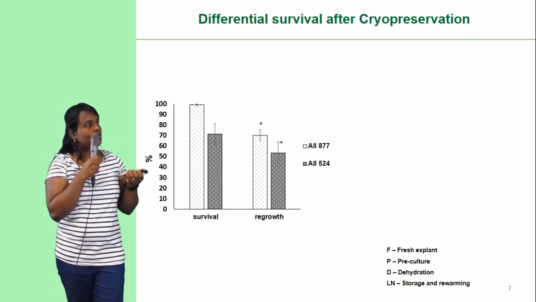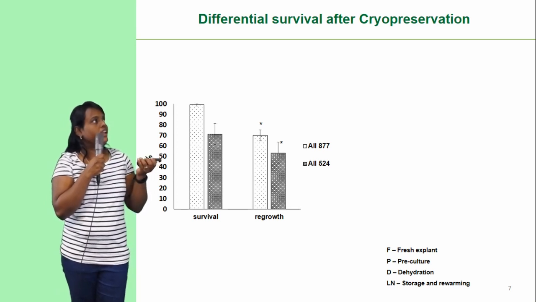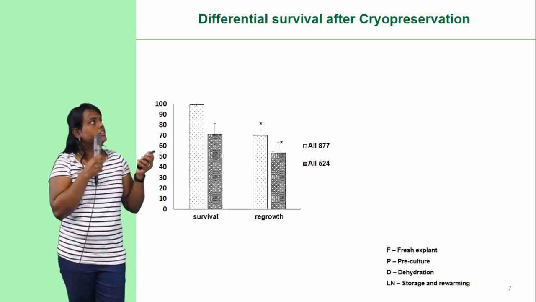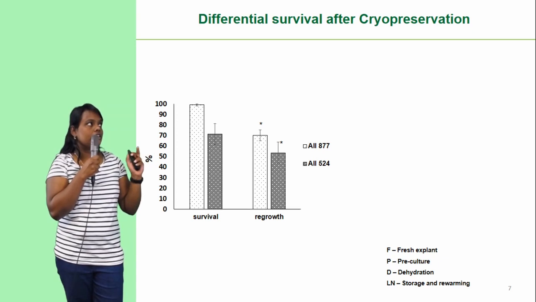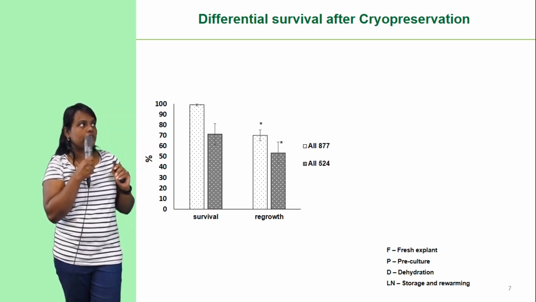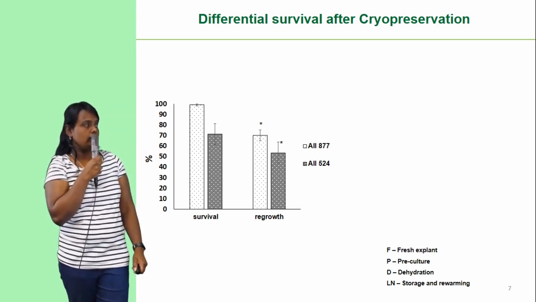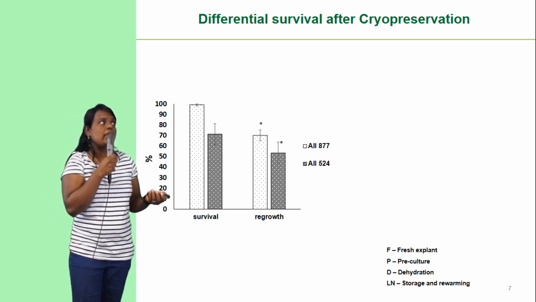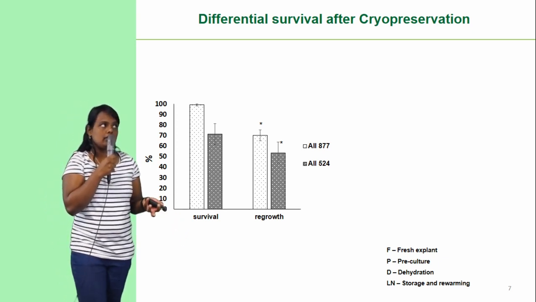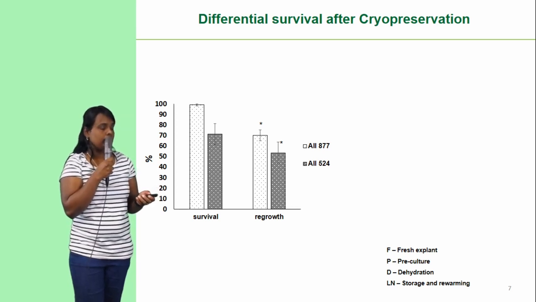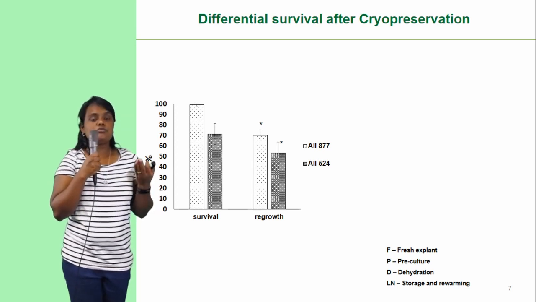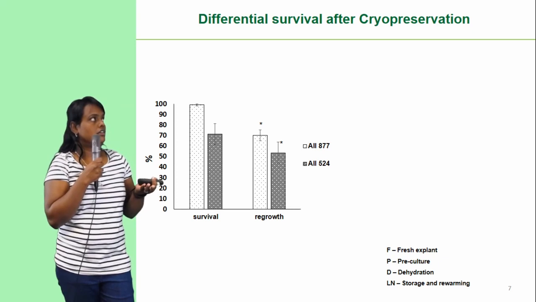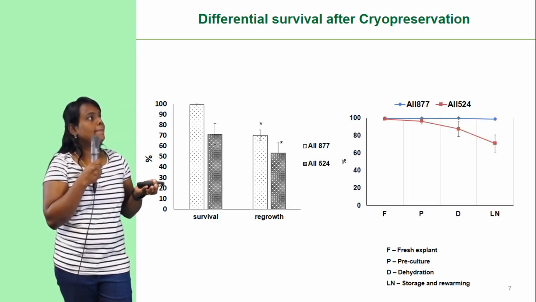When we see the regrowth, Allium 877 is a little bit increased in comparison to Allium 524. From this, we can say that Allium 877 has better survival in comparison to Allium 524. Now let's see the stepwise comparisons during cryopreservation.